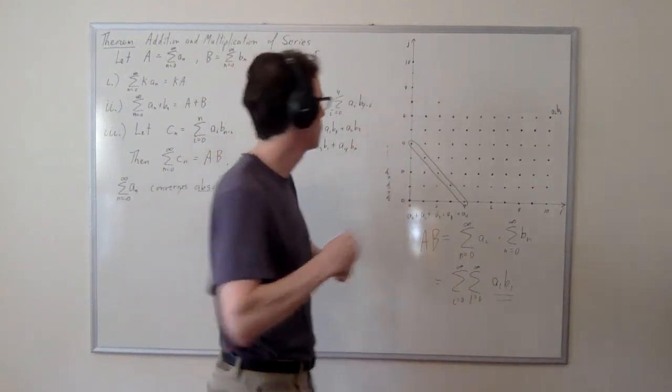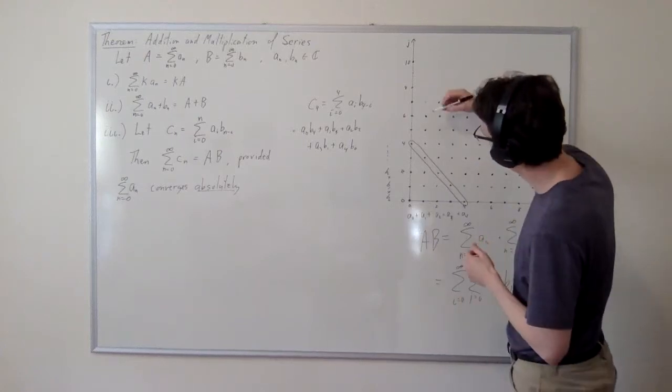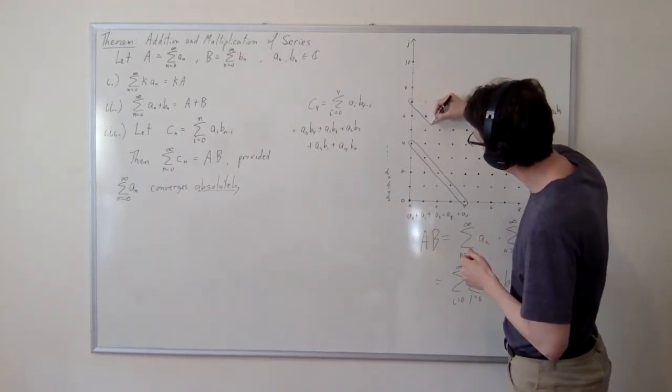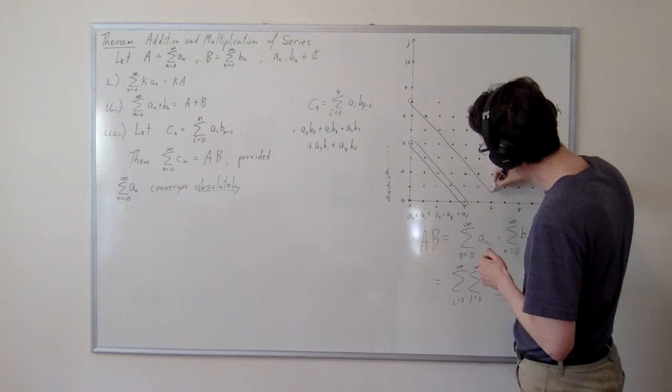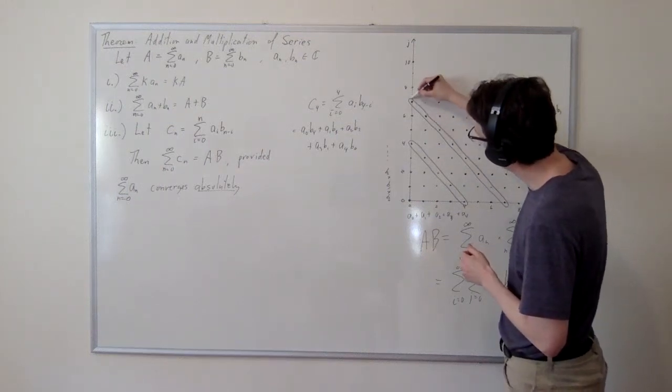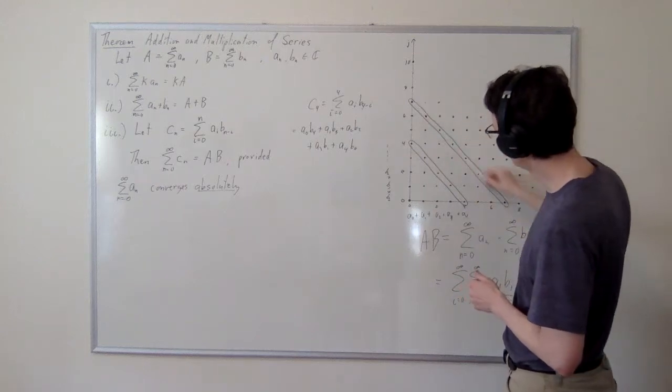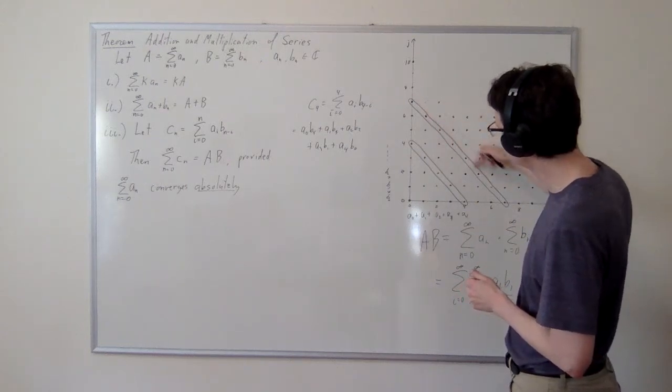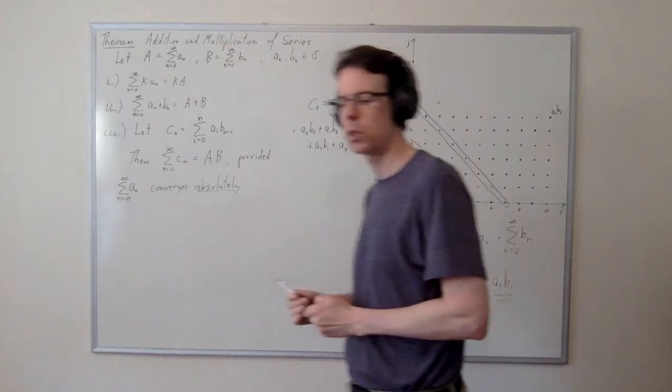And then c_5, well, it'll clutter the picture if I next draw c_5, but let's draw c_7. So c_7 will give us all of the a_i b_j whose indices total 7, and so it'll give us the sum of the ones represented as those dots in that picture.